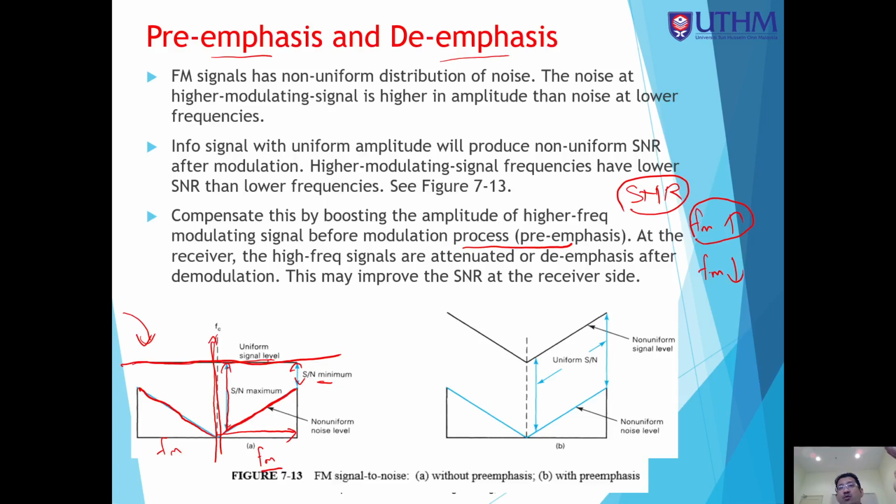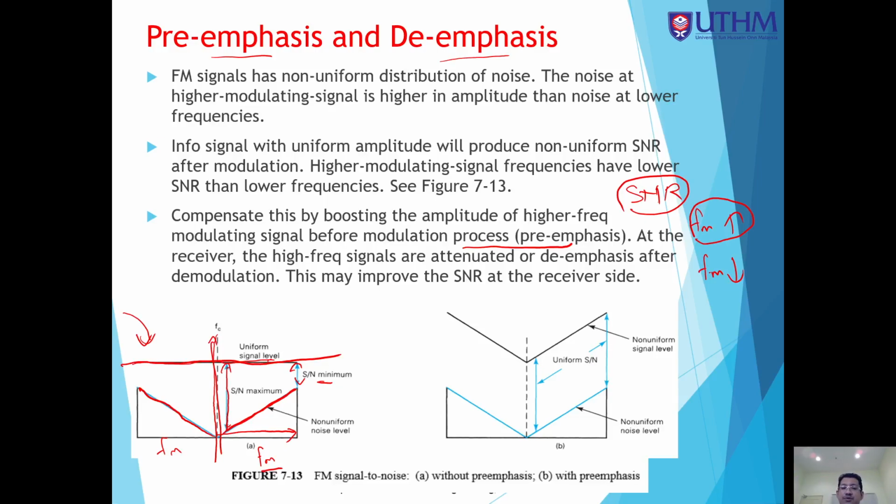That means when we increase at the transmitter, we need to decrease the same amount at the receiver so that it is balanced. When you increase the amplitude of the message signal at the transmitter, you need to decrease the values at the same rate at the receiver again so that it is balanced. Okay, dia mesti seimbang. Kalau kita naikkan dia punya amplitude pada transmitter, that means we need to decrease the amplitude at the same amount at the receiver side.